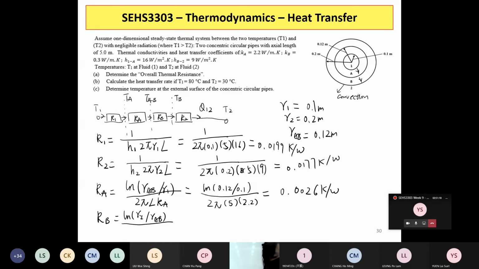Okay, R2 over RAB, 2 pi L, the conductivity of pipe B. That is ln, 2 pi 5 KB is 0.3. The number should be K per watt.